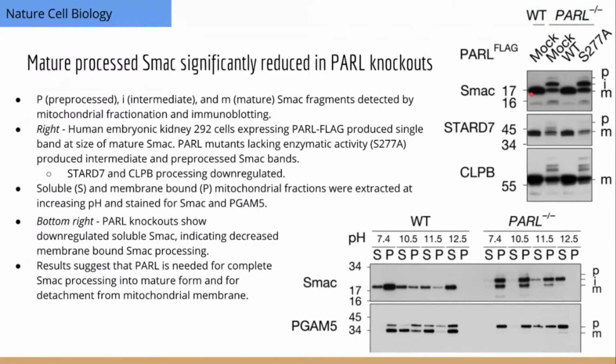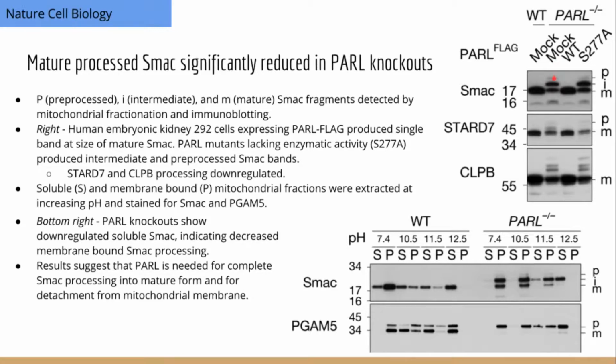So this is a completely normal cell. We see a single very dark band at the size of Smac that corresponds to the size of a mature Smac fragment. So we see a Smac that is M, meaning mature. And in the second lane, we have a PARL knockout in a wild-type cell.